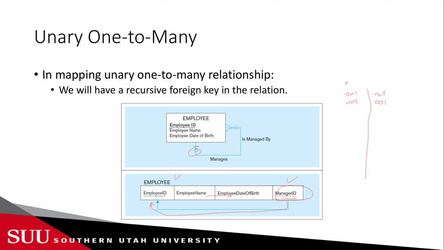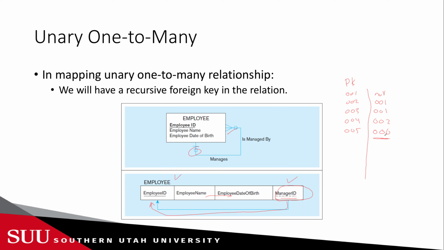This is the primary key, and we don't have any repetition so far, so we don't have any problem inserting the data. 003 is managed by 001 as well, and this complies, and we don't have any problem, so it still works. 004 is managed by 002. This complies to this data, so we are fine. 005, if we say, is managed by 006.